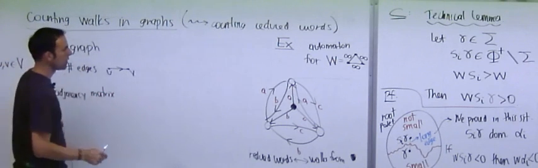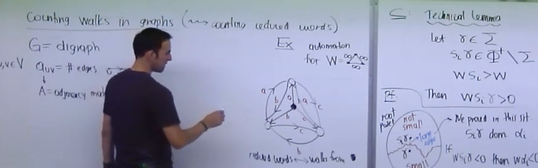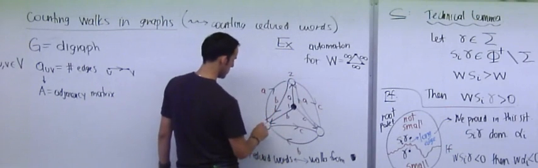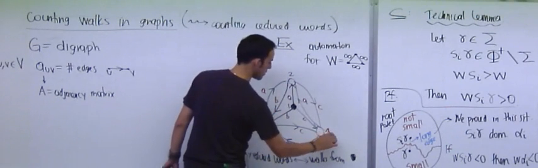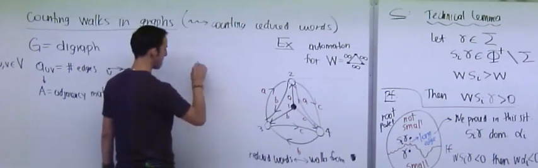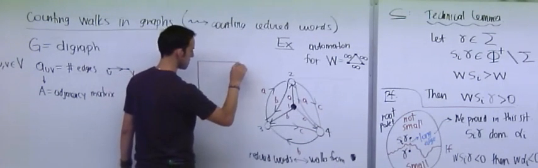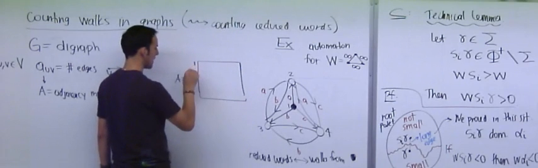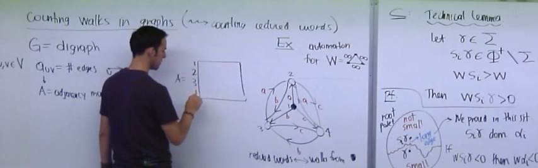So let's do this for this graph. Maybe I'll call these vertices 1, 2, 3, and 4. And so I get a 4 by 4 matrix.